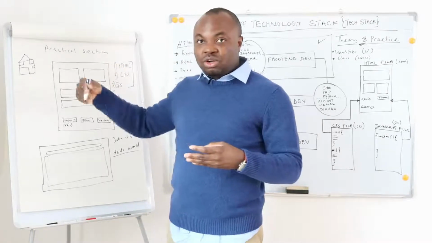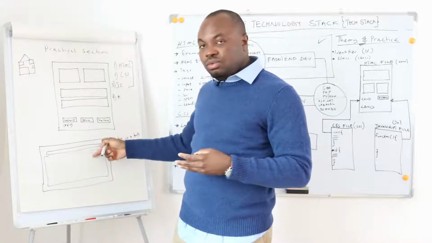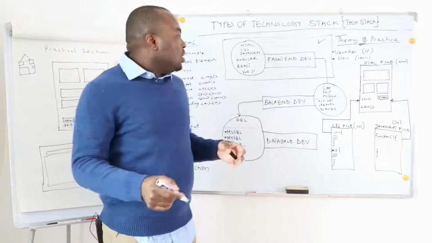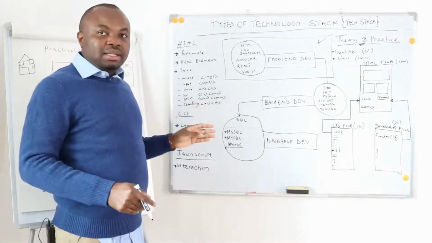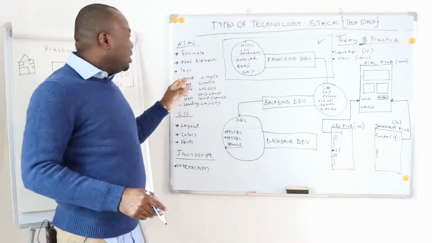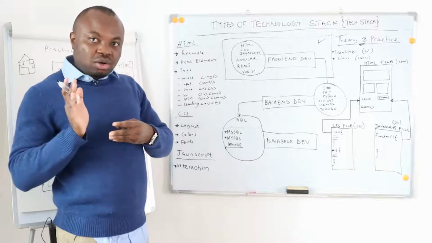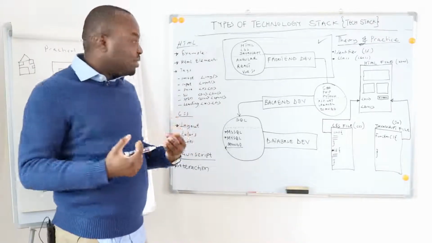The web server is where your application will be running, and you'll be communicating with the browser via HTTP. So the HTML is the core mechanism with which you display information to the browser, or capture information from the users via the browser.